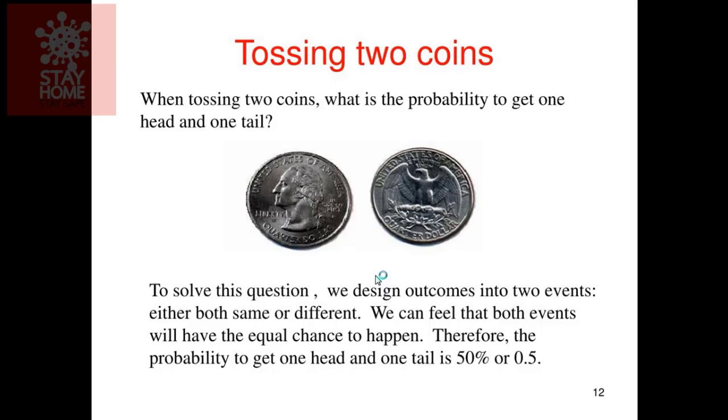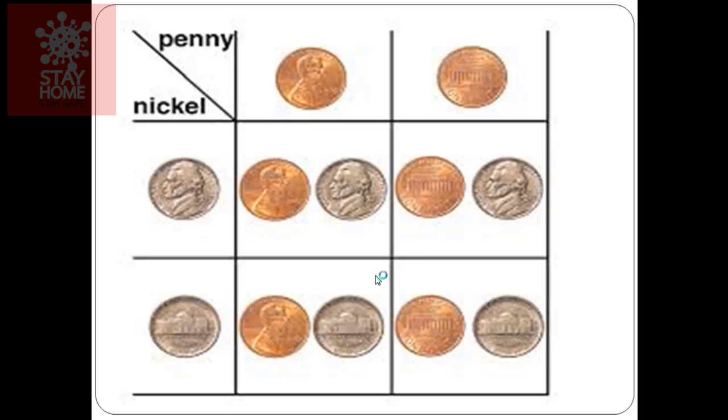We can feel that both events have an equal chance to happen. Therefore, the probability to get one head and one tail is 50%. 50% means 1/2. This is what I want to explain to you.